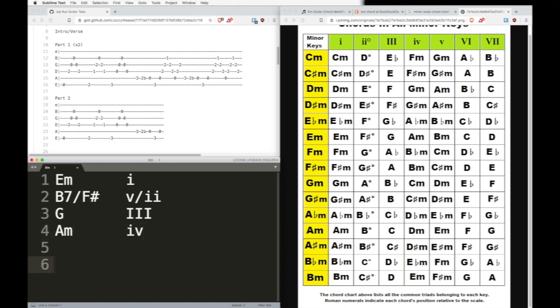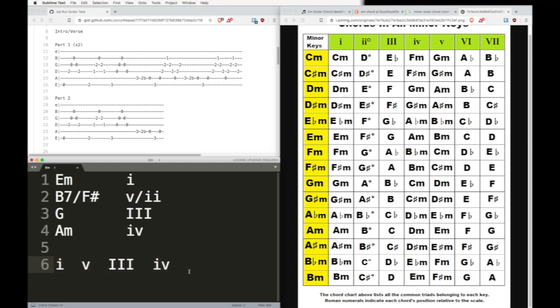So the 1, 5, 3, and 4, these are very popular minor scale chord progressions, and Joji uses them a lot. He uses them in Slow Dancing in the Dark, but switched around. XXXTENTACION uses them in Sad.